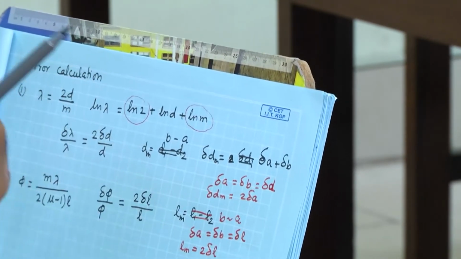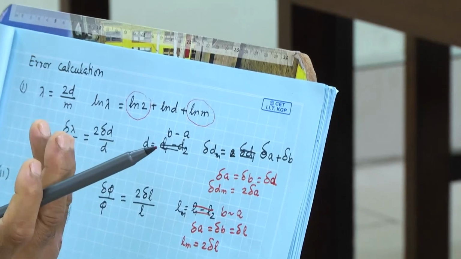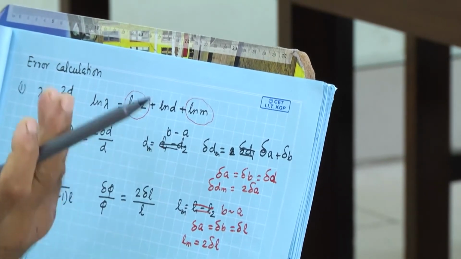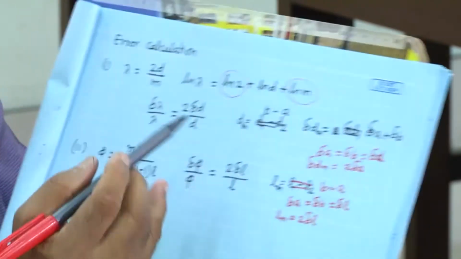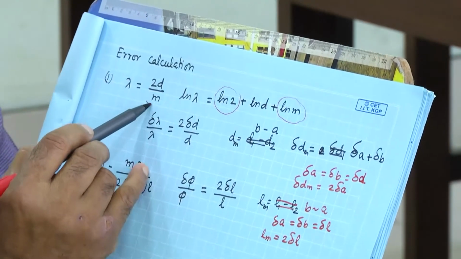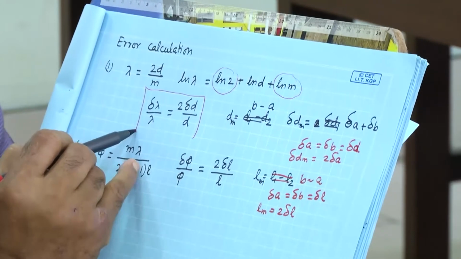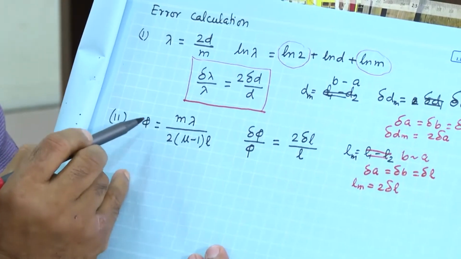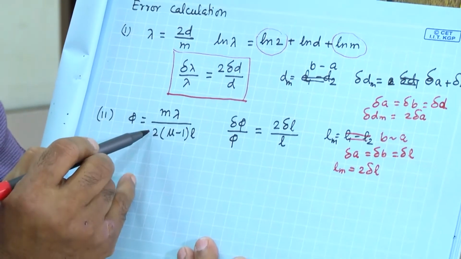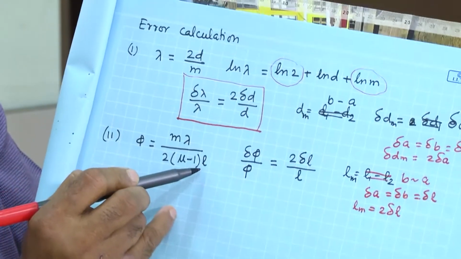This is basically the least count of your micrometer or translation stage, whatever scale you are using. So, that is your formula for error calculation. Similarly, phi equal to m lambda by 2 (mu minus 1) L.